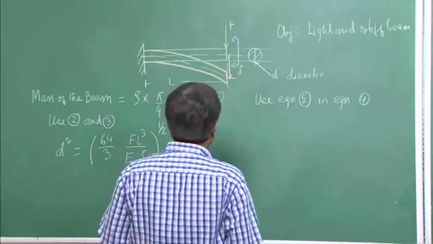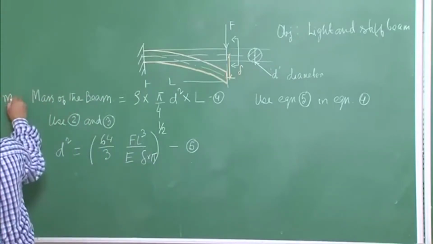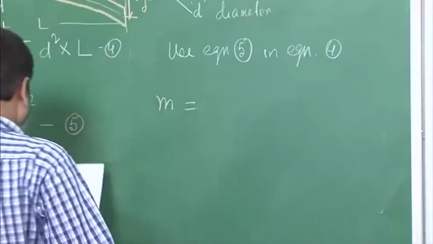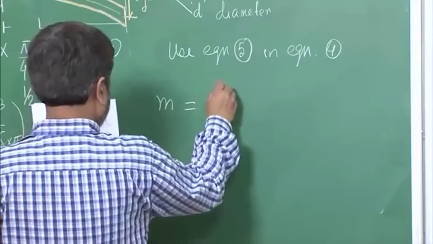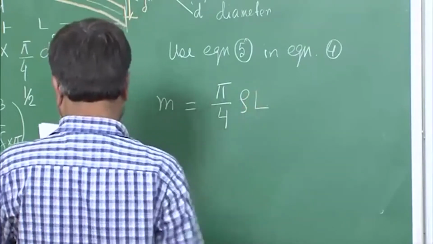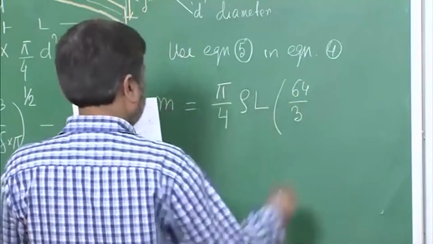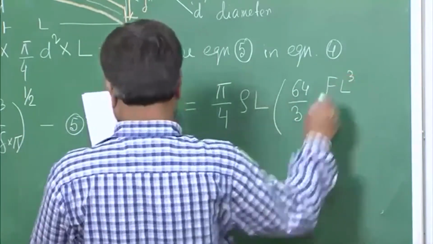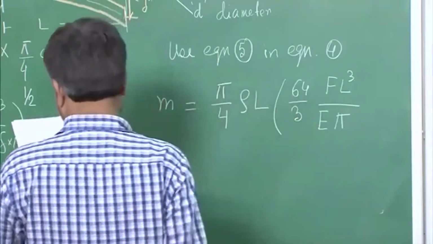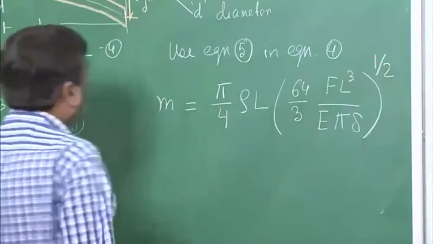If I do that, I can now write the mass of the beam. Let us say the mass of the beam, I denote it as m. So, I can write m equals pi by 4 rho L times 64 by 3 F L cube by E pi delta, square root, right.